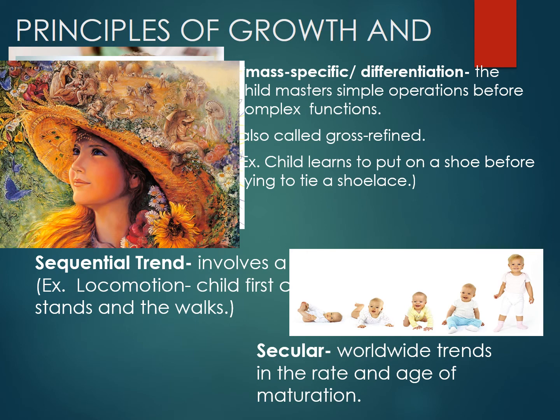However, as time passed by, we already see a secular trend for girls who are having their menstruation at an early age of 11, 12, and 13 compared to the previous years. So that is also another example of secularity when it comes to growth and development. Nagkakaiba-iba based on the time period, based on the geographical location.